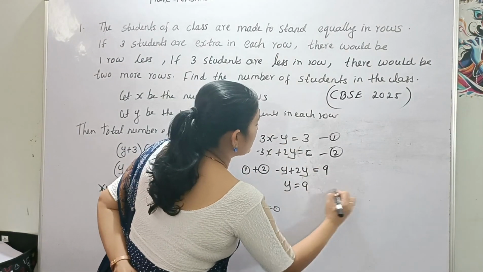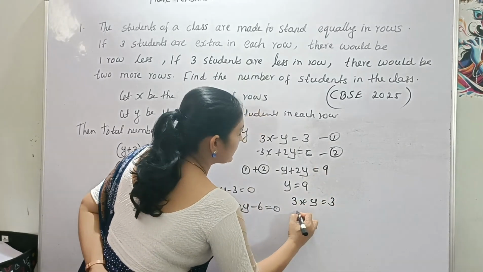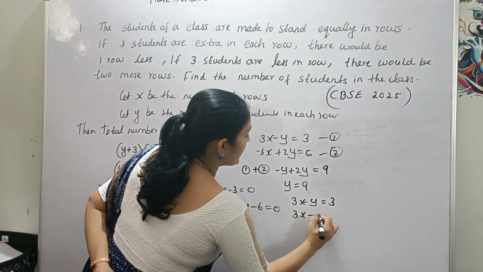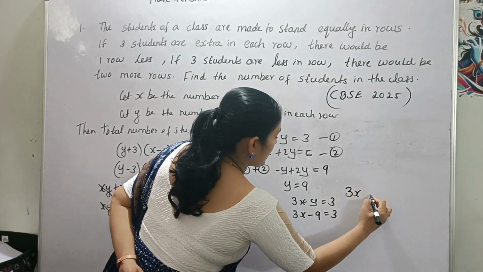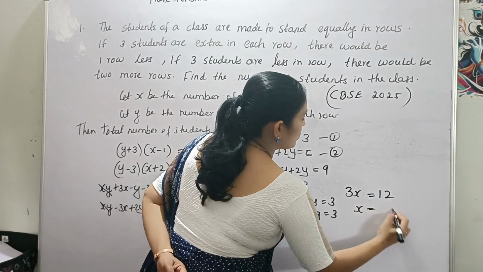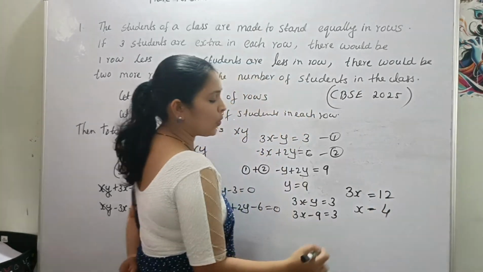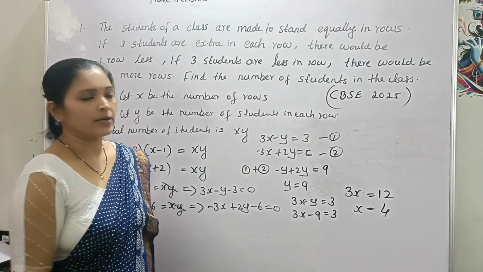So 3x minus y is equal to 3, that is 3x minus 9 is equal to 3, that is 3x is equal to 9 plus 3, 12, x is equal to 12 by 3, 4. Okay, so x is equal to 4, y is equal to 9.